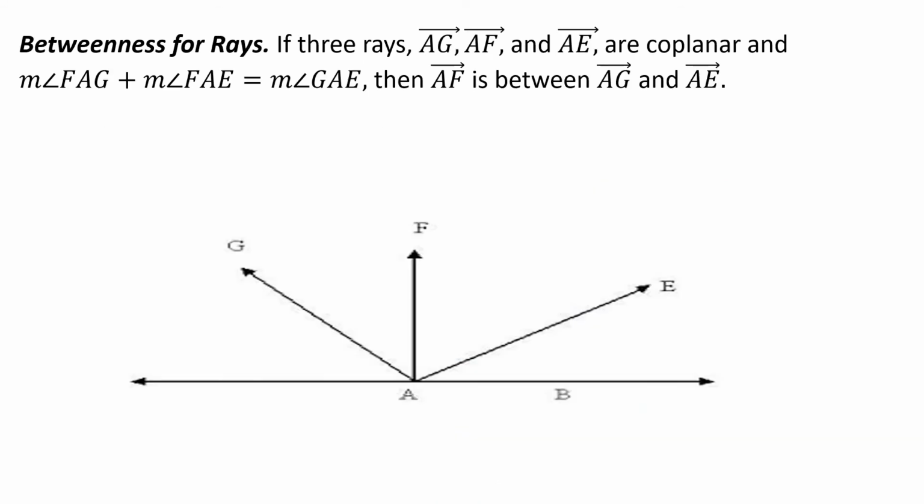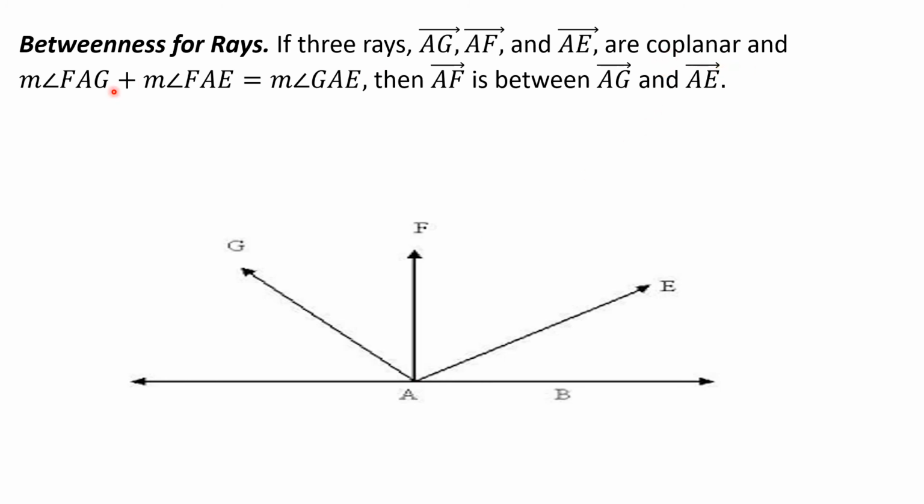Next, betweenness for rays. If three rays, ray AJ, okay, so we have here ray AG, ray AF, ray AE. So when we say ray, it has only one arrowhead. Only here is the arrowhead, and the other end is a point.